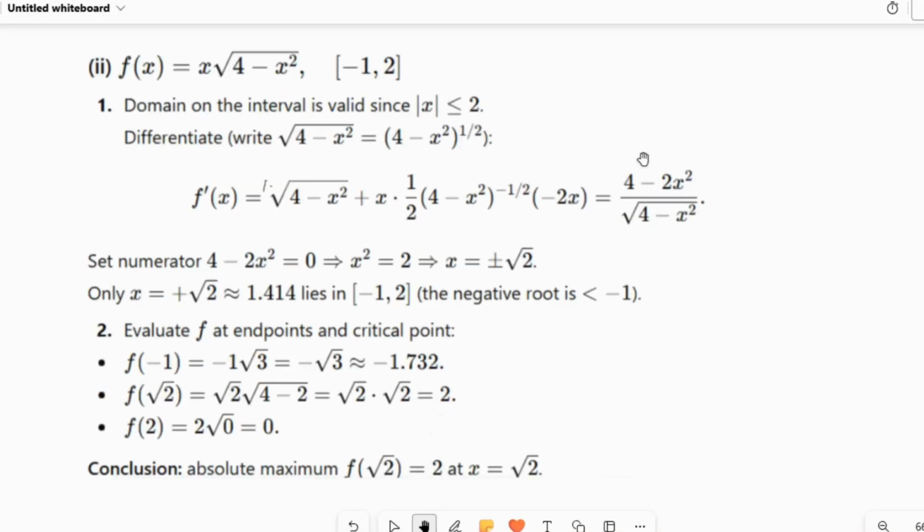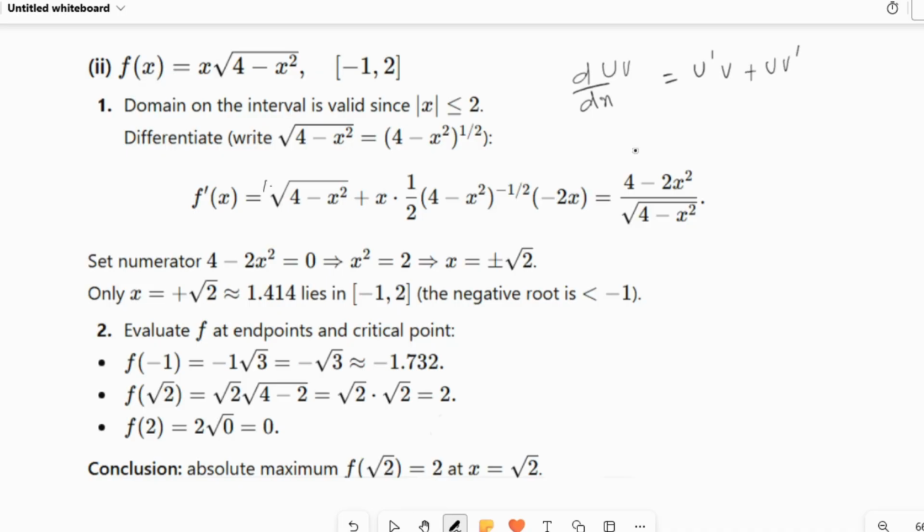Let us see another example: f of x equals x times the square root of 4 minus x square. To find f dash of x, it is in the form of uv. So to find the differentiation of uv, we write u dash v plus u v dash.